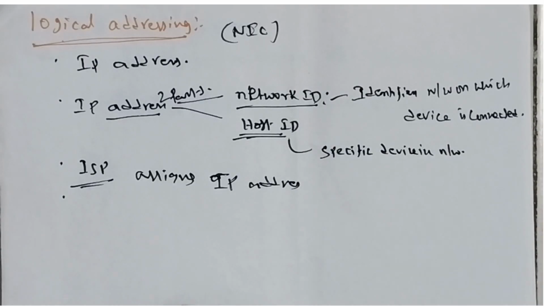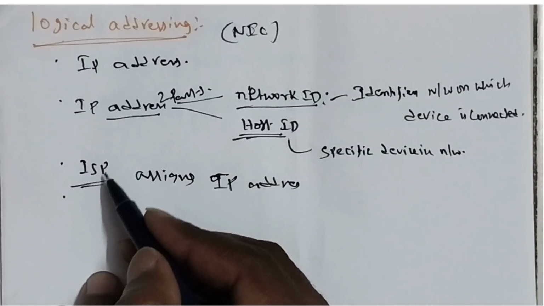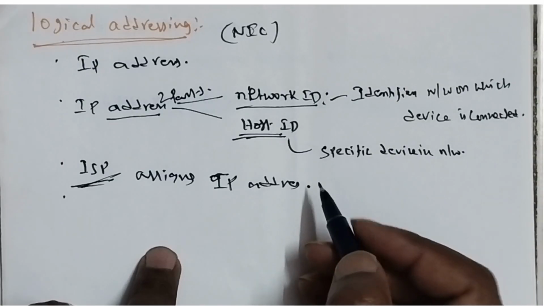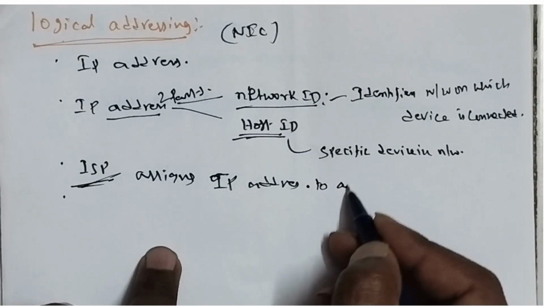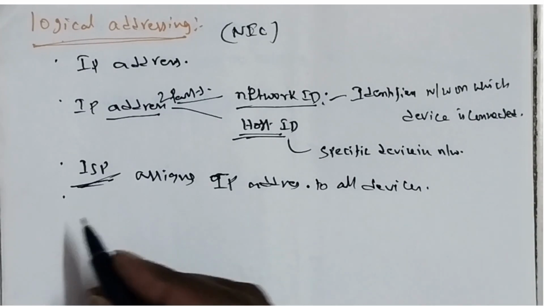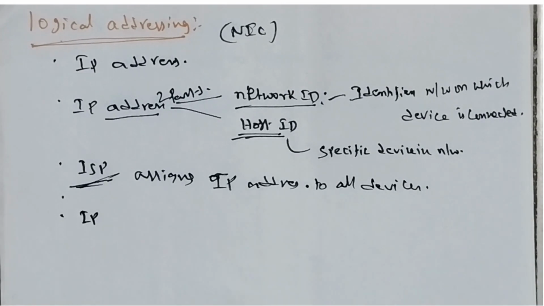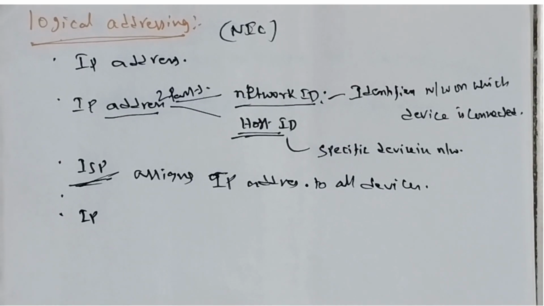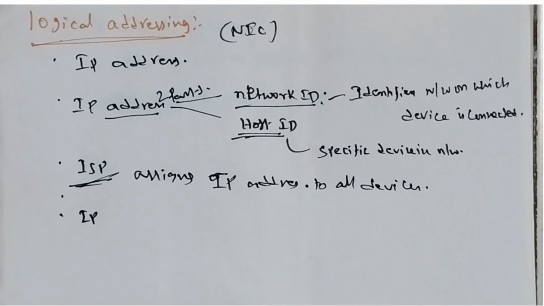All of these come under the ISP. Internet service providers assign the IP address to all the devices on a network. The IP addresses are used at the network layer. The IP addresses are routable in nature.